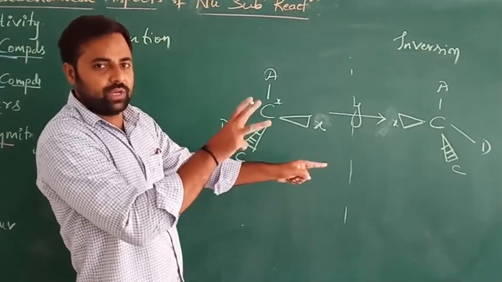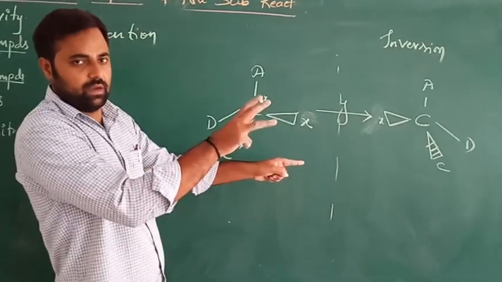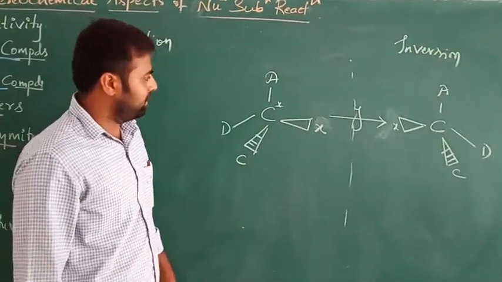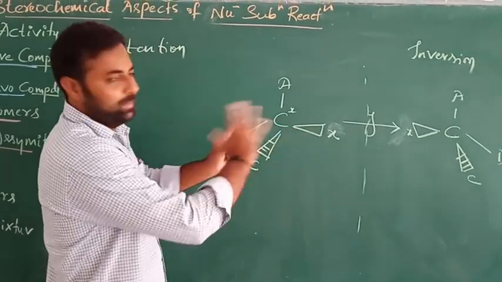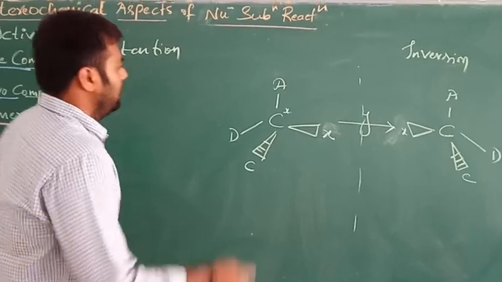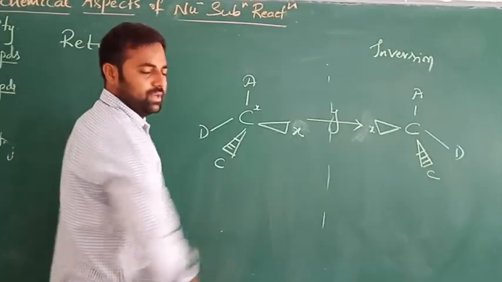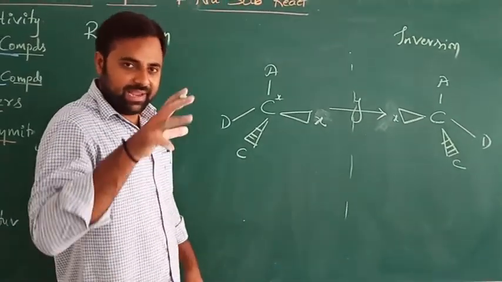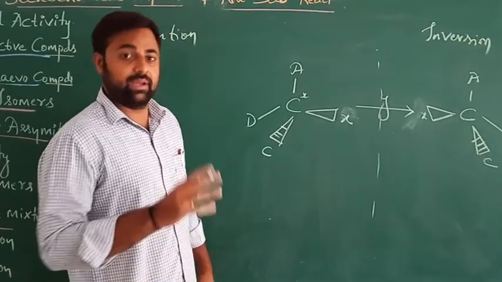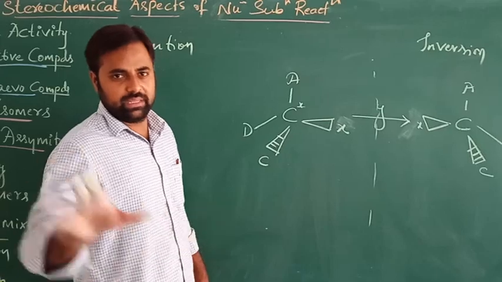The spatial arrangement of the atoms or groups of atoms changes when the reaction is completed. You can compare both molecules, and that is called inversion. Inversion is the change in configuration of the product compared to the reactant during the chemical reaction.